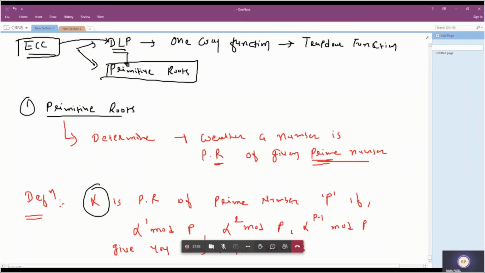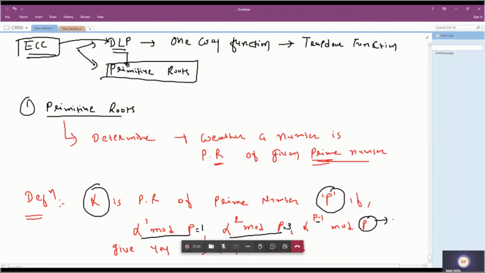Let's say alpha raised to 1 mod p is giving you 1, alpha raised to 2 mod p is giving you 3, and so on. This procedure you need to continue till alpha raised to p minus 1. So it depends on this p.